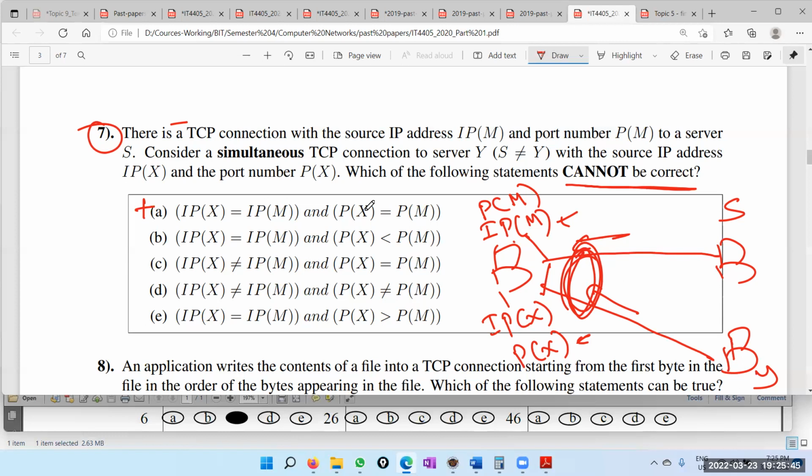We don't care whether this, because for port numbers, there are well-known port numbers as well as some arbitrary port numbers. Your computer will decide what port number we are going to use if it is a client. But if it is a server, there are well-known port numbers, like usually 80 for the web, 443 for HTTPS, and so on.